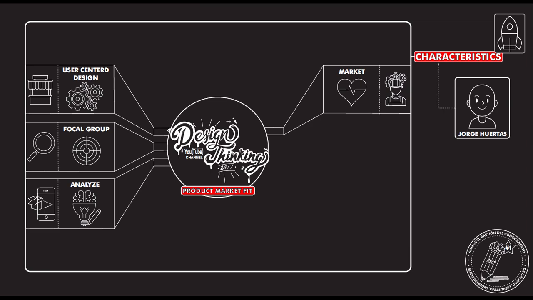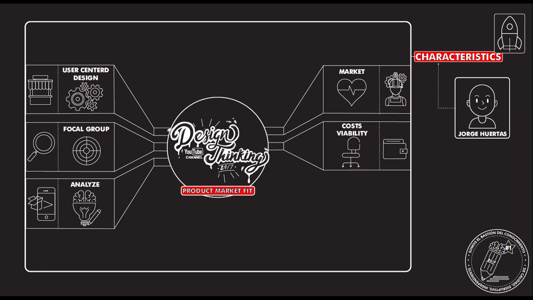After that, you start researching and trying to find the specific market. The market will be a result of the analysis of the focal group and all the characteristics that you find out there.